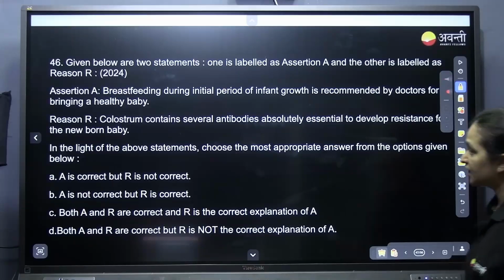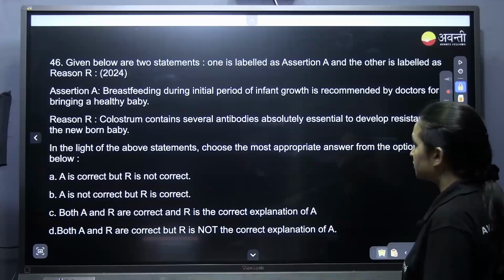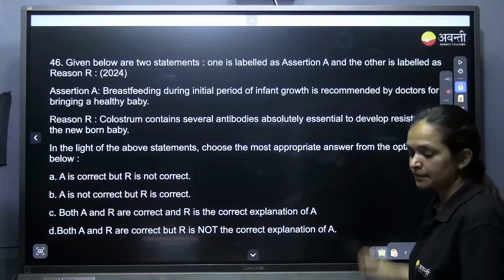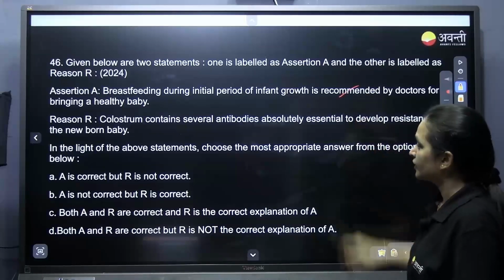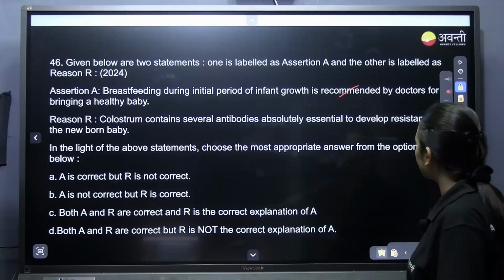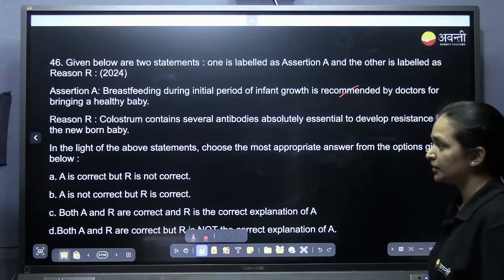Assertion: breastfeeding during the initial period of infant growth is recommended by doctors for bringing up a healthy baby. Colostrum contains several antibodies absolutely essential to develop resistance for the newborn baby.